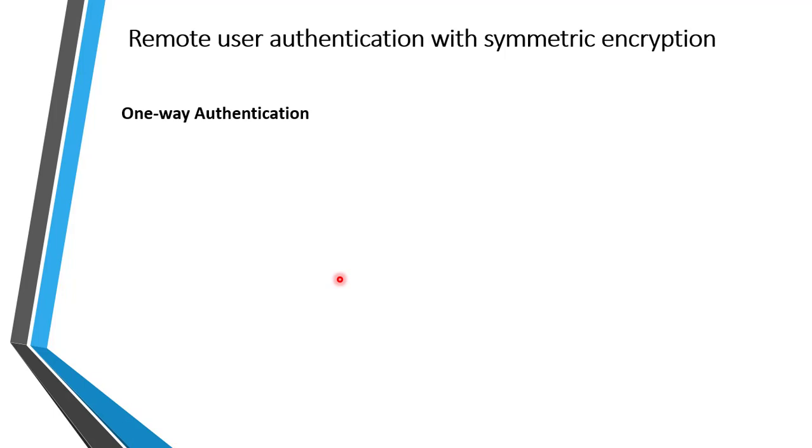Next is one-way authentication. In one-way authentication, user A also requests the KDC for the session key using the ID of A, ID of B and the nonce N1.